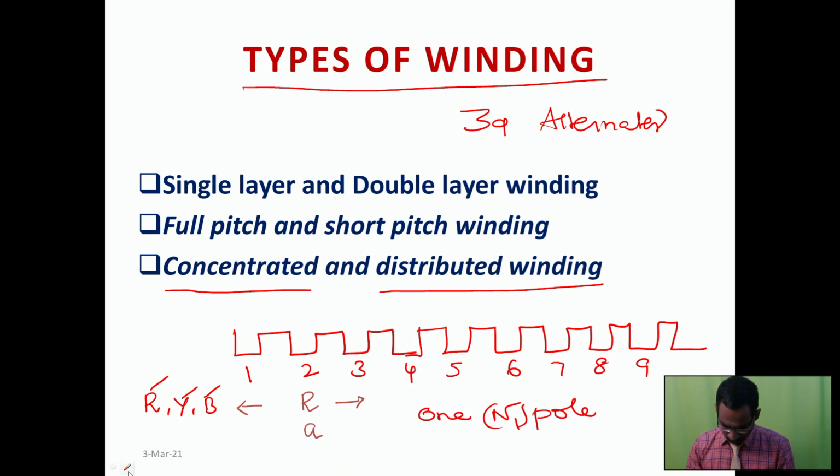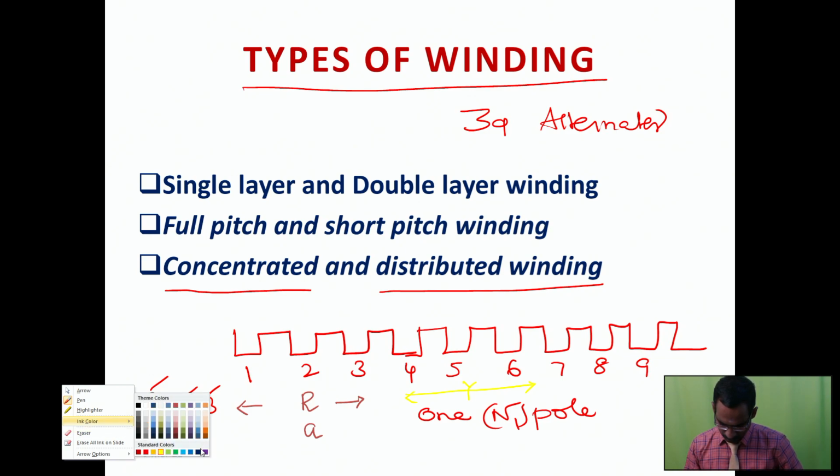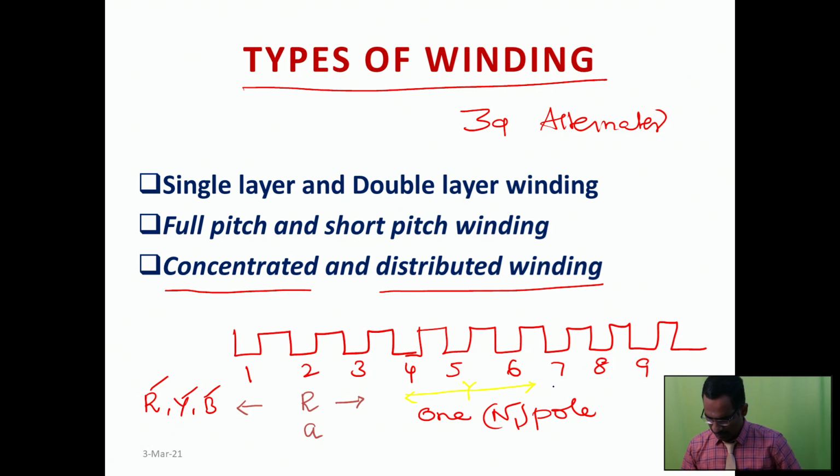Then the next 3, 4, 5, 6, these come under Y phase, yellow phase. Then the last 3 come under B phase.